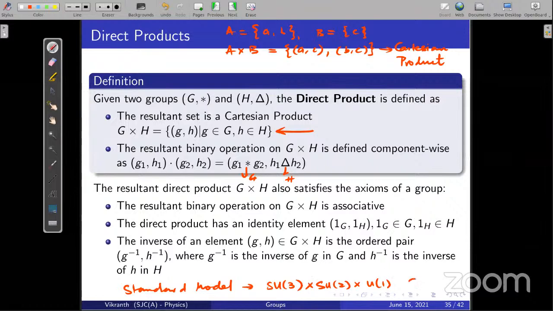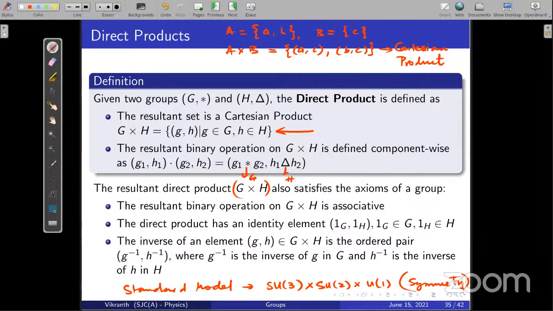Of course, this is the symmetry that the standard model has, but that's a thing for some other time. All right. So there's that, and you can call this resultant thing G cross H, your direct product, and you can verify that it's also a group, which I've verified here.